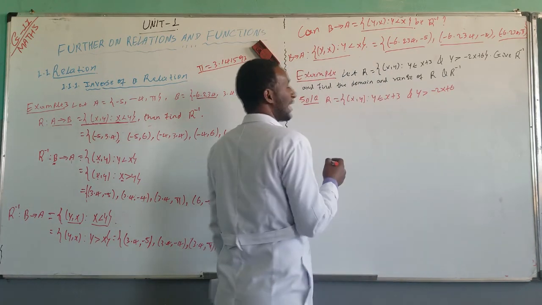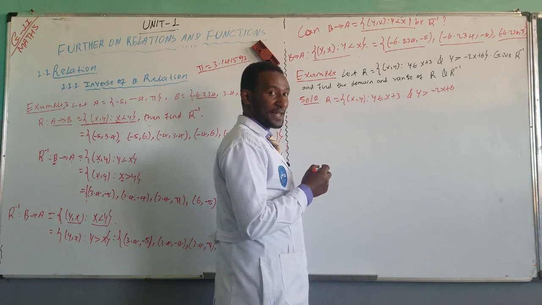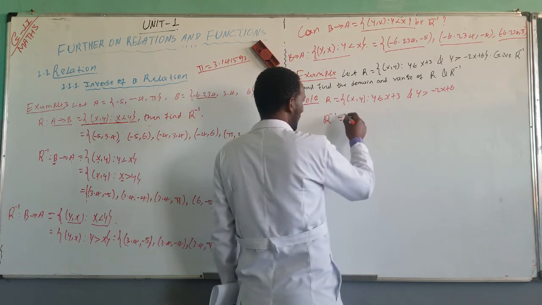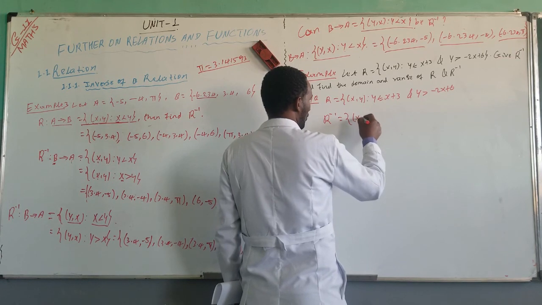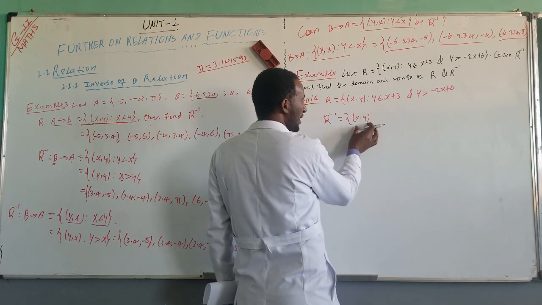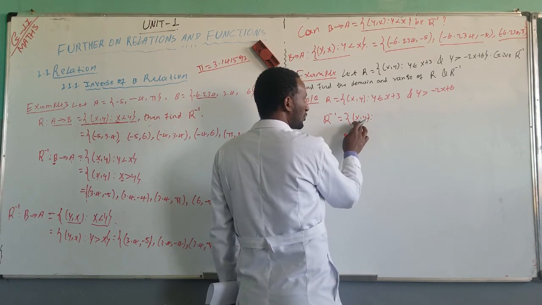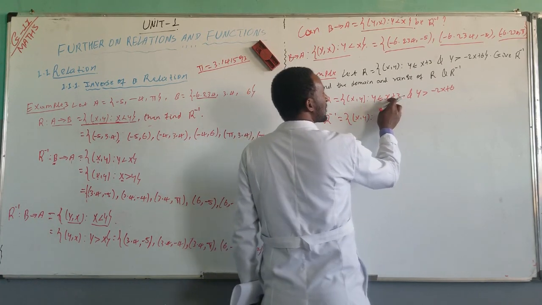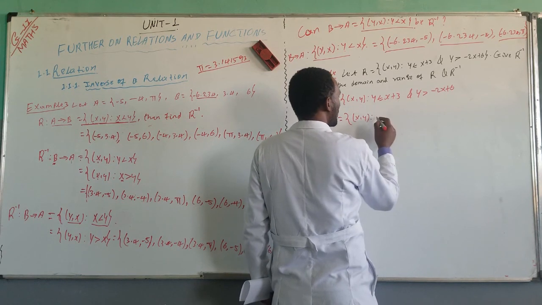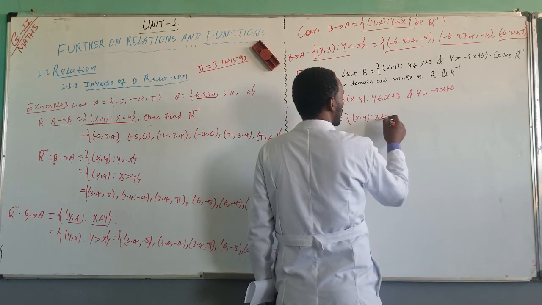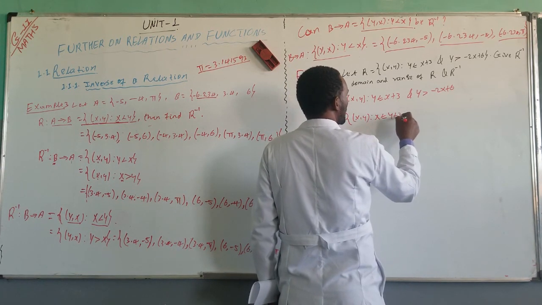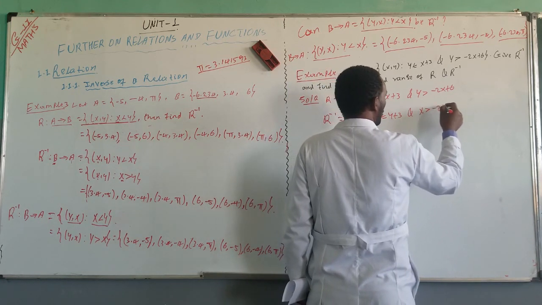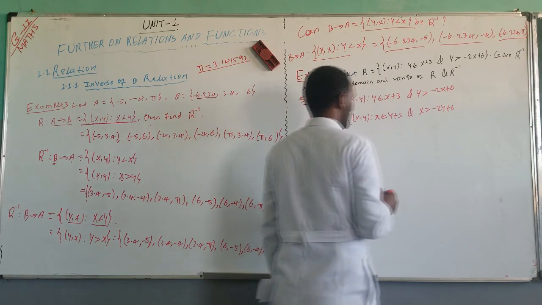Then, according to the previous example, R inverse is equal to x comma y. When we put this as it is, we have to exchange this in this formula. That means x less than or equal to y plus 3 and x is greater than minus 2y plus 6.